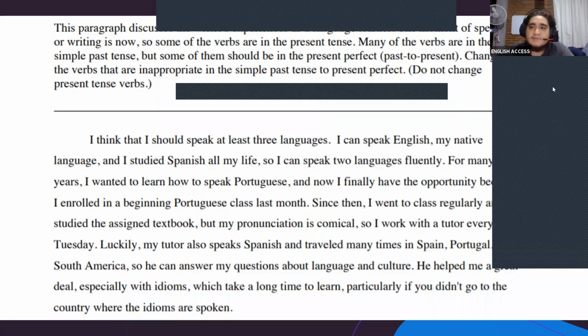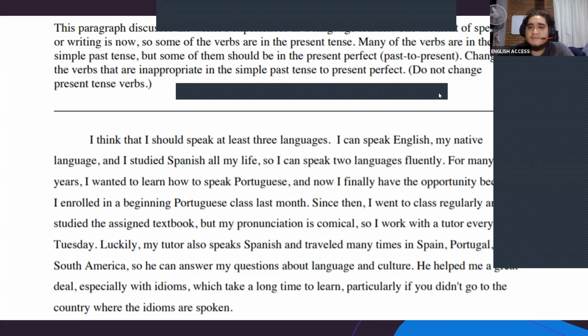So basically, we're going to change, when needed, the past tense verbs to present perfect verbs. What I recommend is to read first the entire paragraph, and then you reread it and make the changes.